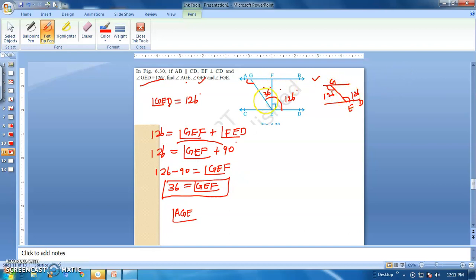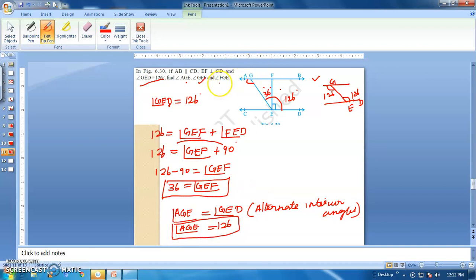So here fully 126 means this one is also 126. So angle AGE equal to angle GED because of alternate interior angles. Therefore, this one is already 126. Therefore, angle AGE is also 126.